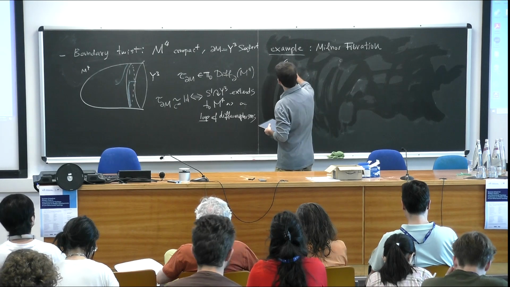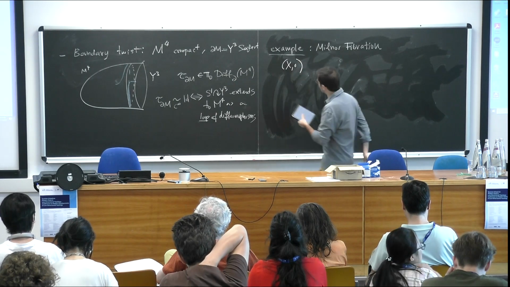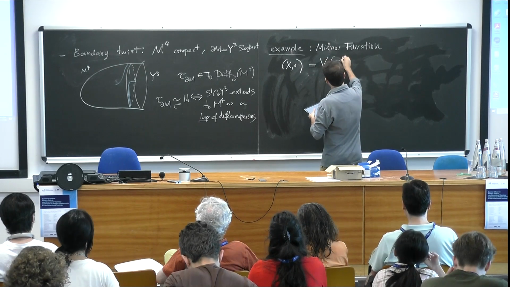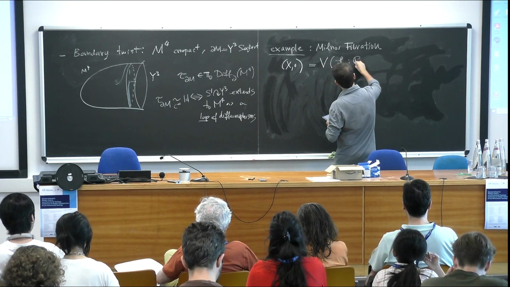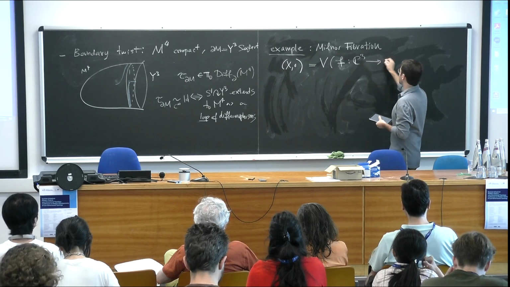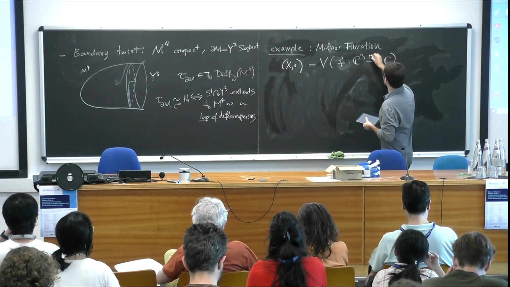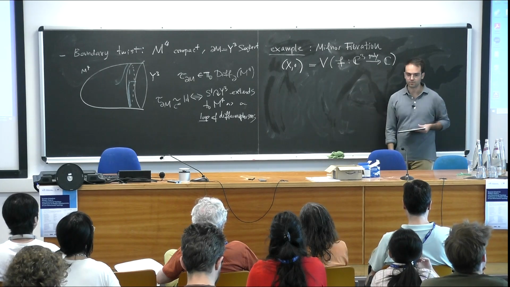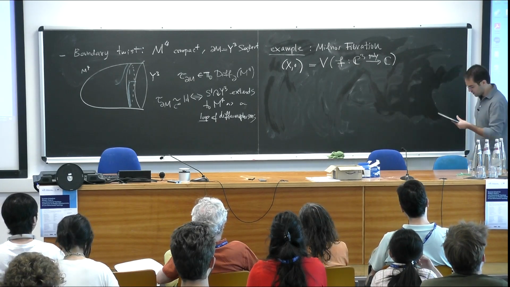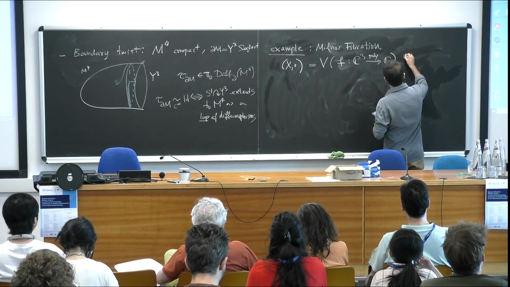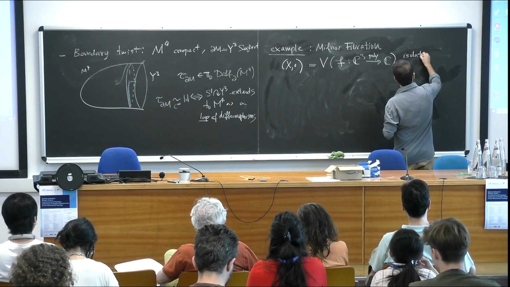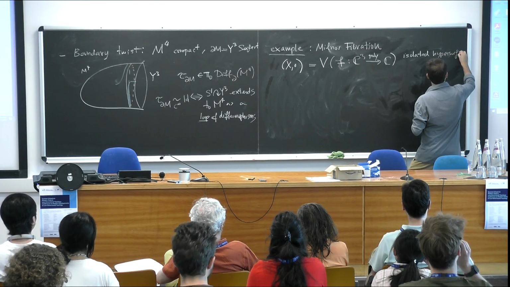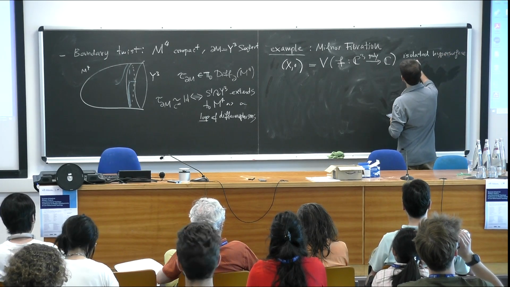Here I'm going to look at (X, 0), the vanishing locus of some polynomial f in three complex variables. This is a polynomial that has an isolated critical point at 0. So this is going to be an isolated hypersurface singularity.